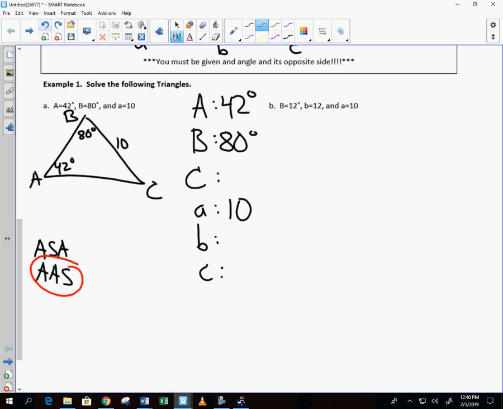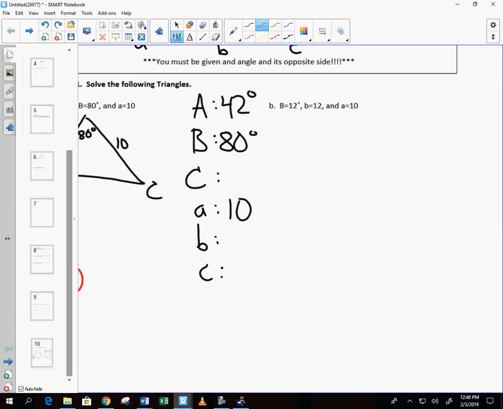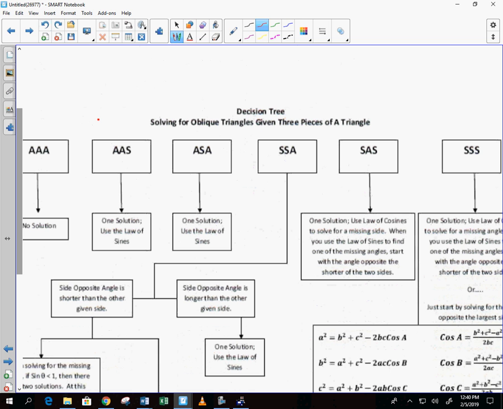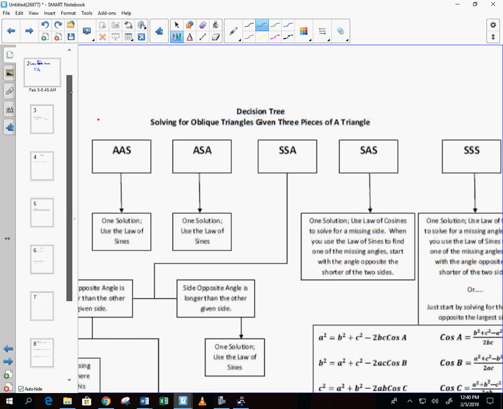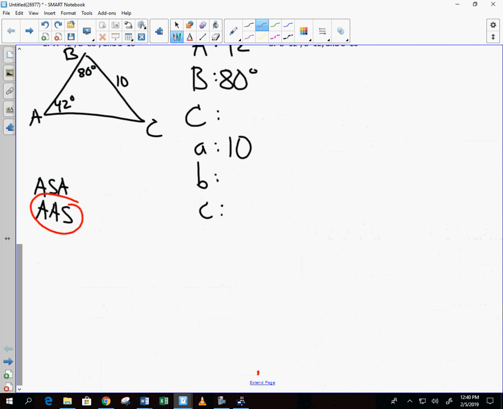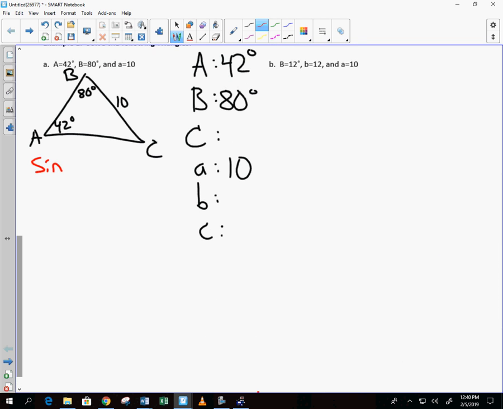So what you do is you look at your decision tree, and it says if you have angle, angle, side, one solution, use the law of sines. So I'm going to use the law of sines. And I set it up. Sine of 42 over 10 is equal to sine of 80 over b.